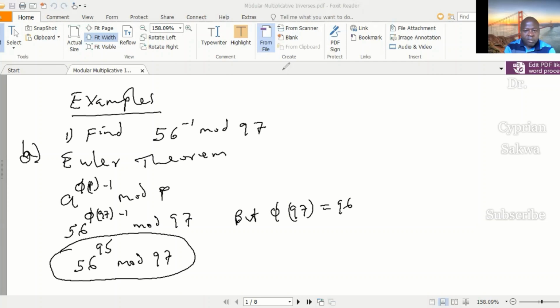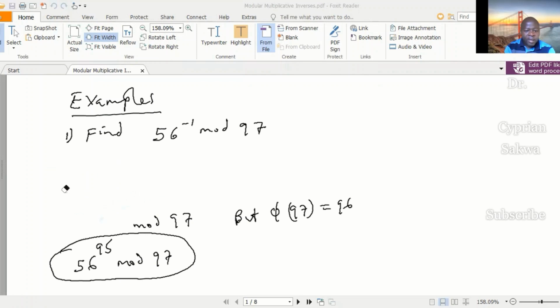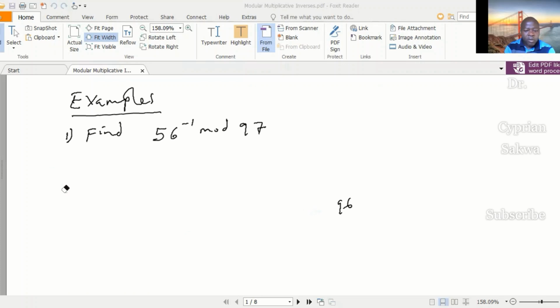Now let's use the last method, which is the extended Euclid's algorithm, to find the inverse. As I said earlier, the extended Euclid's algorithm can be used for any question to find the inverse. But for Fermat's little theorem, you must check that p is prime and that p is relatively prime to r.